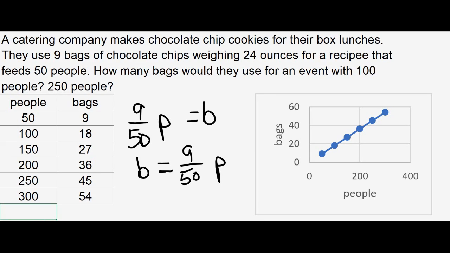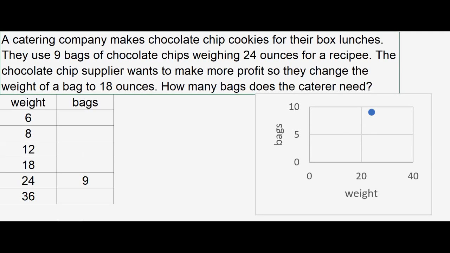It's based on solving a proportion, but if we solve it using the variables p and b, we don't have to write the proportion every time. We've actually written an equation that allows us to calculate the number of bags based on the number of people. So that's direct variation, or direct proportion, and there's a constant of proportionality.